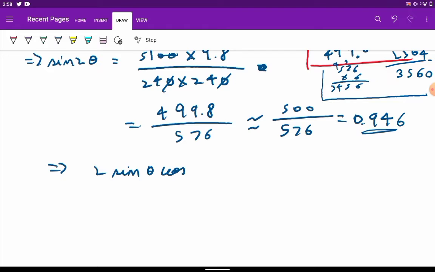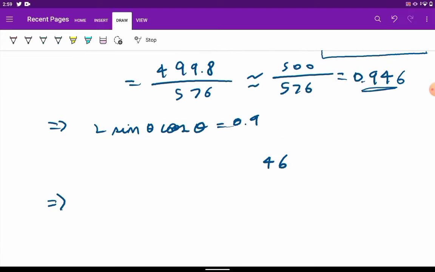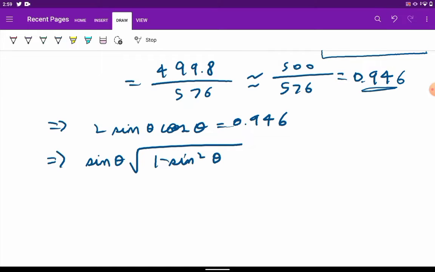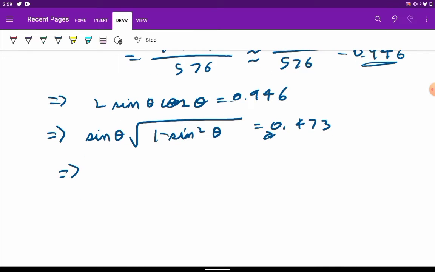2 sine theta cos theta, that's the expansion of sine 2 theta, is 0.946. So cos theta can be written as square root of 1 minus sine square theta, and if you divide this it becomes 0.473. Let's square this, it becomes sine square theta into 1 minus sine square theta, which is 0.473 times 0.473.